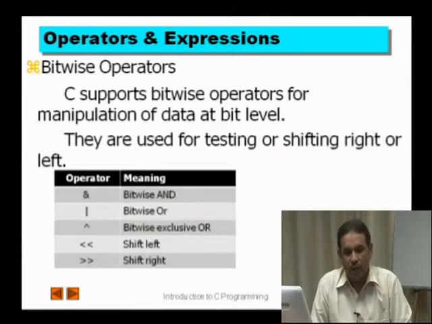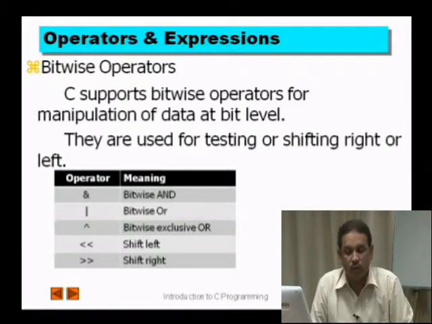Then the bitwise exclusive OR is a bitwise exclusive operator. Then shift left is your two less than symbols, and two greater than symbols is your shift right operator. So, what is bitwise exclusive OR?